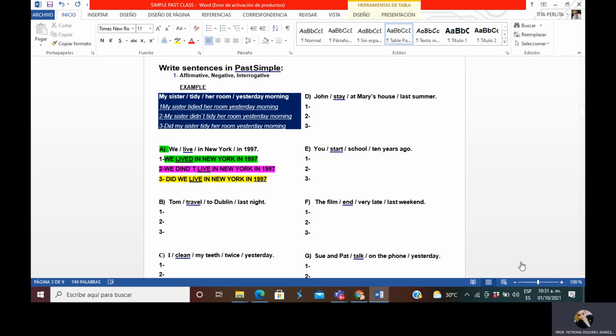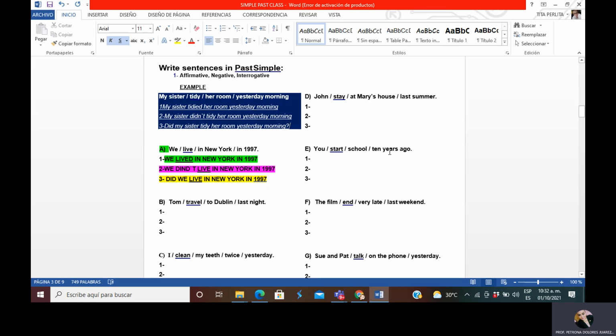Y me voy a la siguiente forma que es la interrogativa: Did my sister tidy her room yesterday morning? Si se acuerdan, en la clase pasada les explicaba que si antes usábamos en el presente simple do, en el pasado simple, como lo dice la lista de verbos que deben de checar, el pasado de do es did, por lo tanto el auxiliar do para forma pasado simple será did.